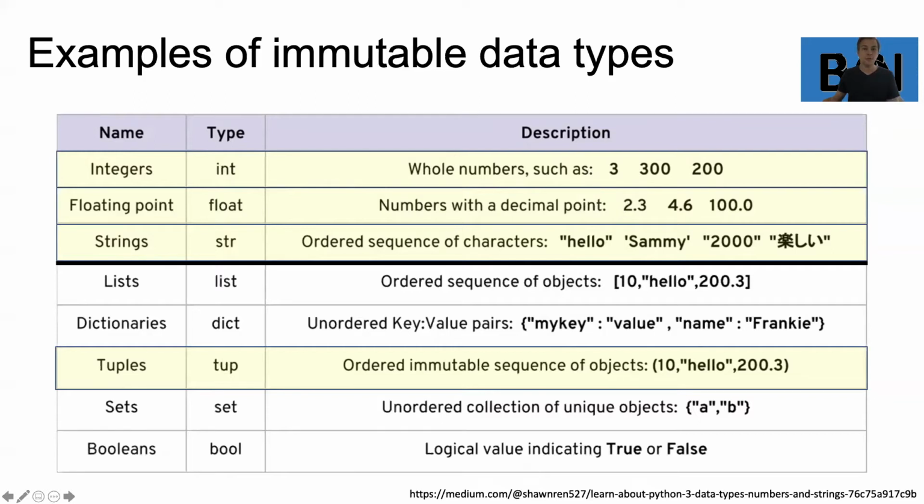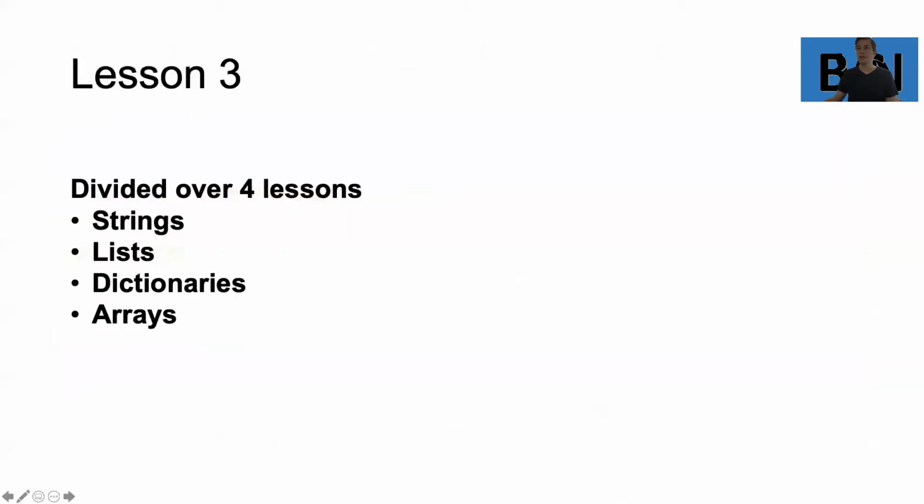And then strings, which represent our alphanumeric characters, but can also include numbers. We'll talk a little bit about how strings of numbers behave differently than numbers themselves as the data type. And then everything else in white, lists, dictionaries, sets, Booleans, we'll discuss more extensively in lesson 4, which is what the next slide says.